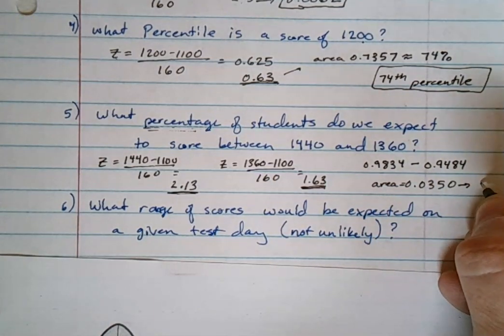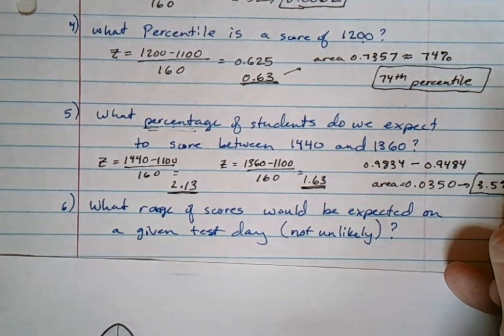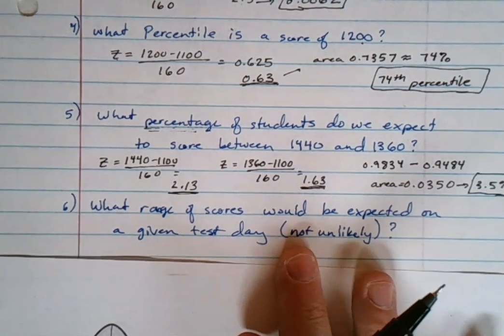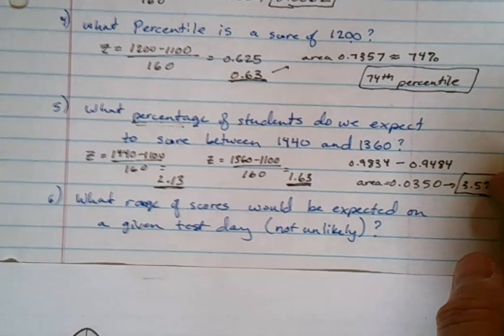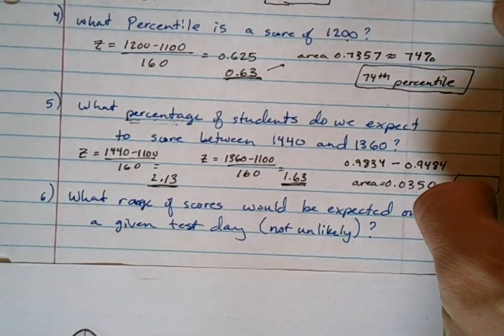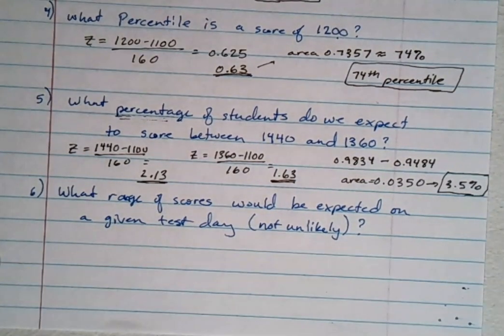Percentage would be what? 3.5%. Okay, so we're just moving that decimal. That's all we're doing, just moving that decimal. Come on, paper, move. Doesn't want to move for me, y'all. Okay. All right, last one.